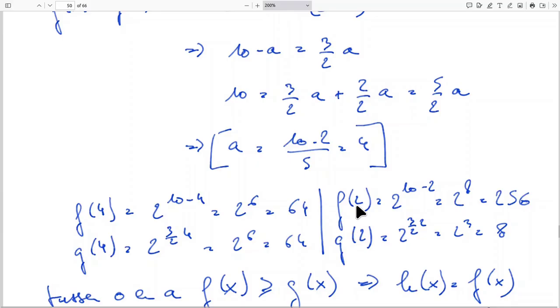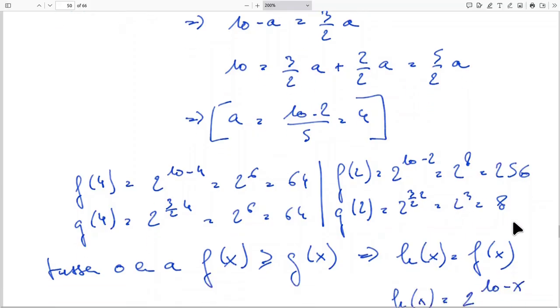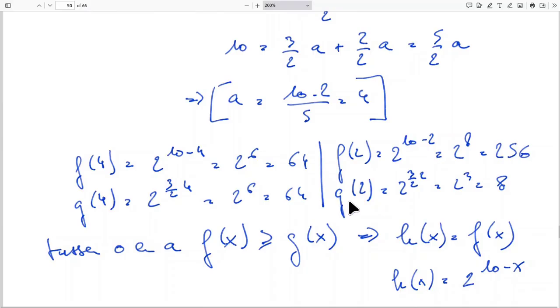Well, we'll just take f of 2 and g of 2 because that's easy to calculate. So 2 to the power 10 minus 2 is 2 to the 8, which is 256, and for g we get 2 to the 3 halves times 2, or 2 to the third, which is 8. So it's rather obvious that g is lower here.